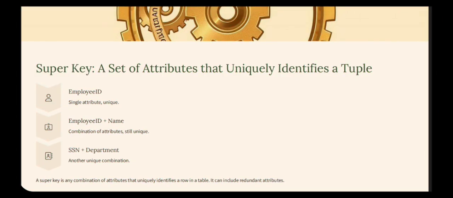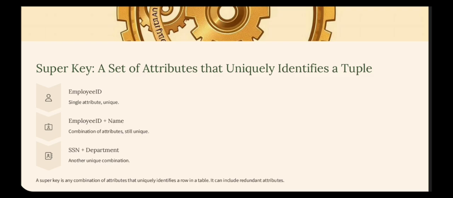So our next key is super key. A super key is a combination of attributes that uniquely identifies a row in a table. It can include redundant attributes, which means that here in our today's example, employee ID is a single attribute which is unique, whereas employee ID plus name is a combination of attributes, that is primary key and one of the normal keys, which is still unique.